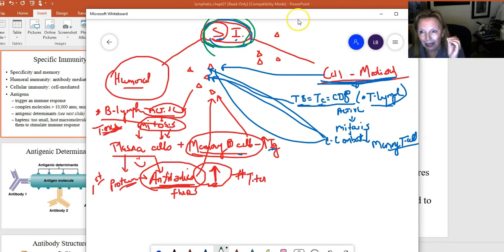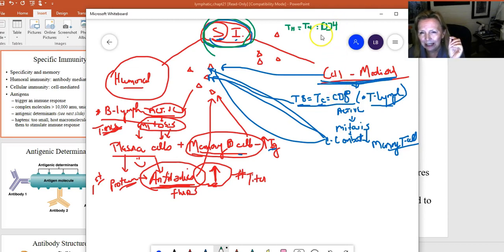Depending on the lab, it will sometimes be called a helper T cell, with a little h, of T cell. Sometimes this cell is called a T4 cell. On lab reports, sometimes this cell is called a CD4 cell.